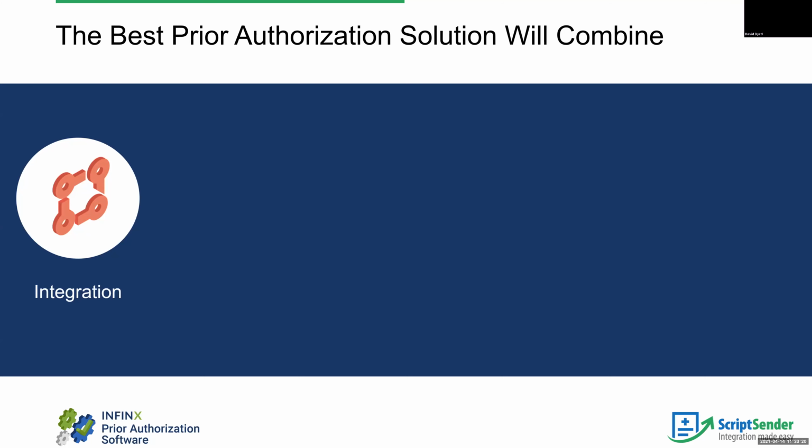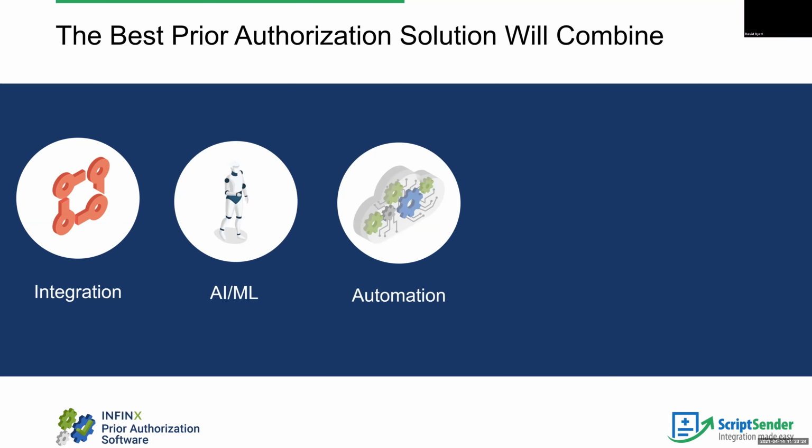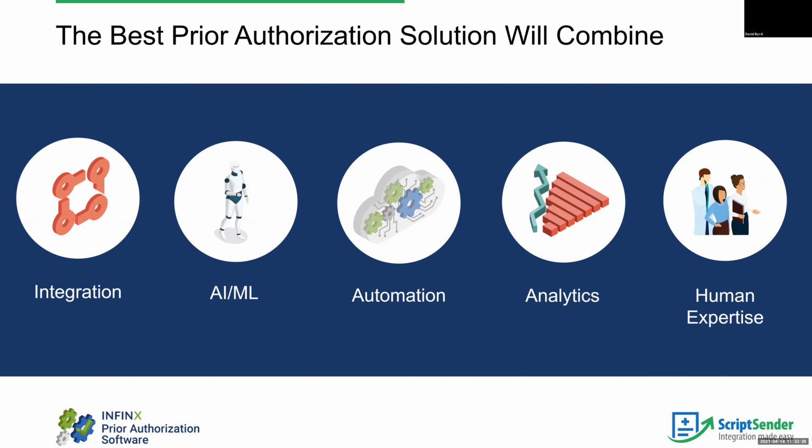So it's our belief, if you just want to keep on going, Jim, that the best prior authorization solution combines the integration with augmented intelligence with a human specialist. We also provide analytics and transparency.